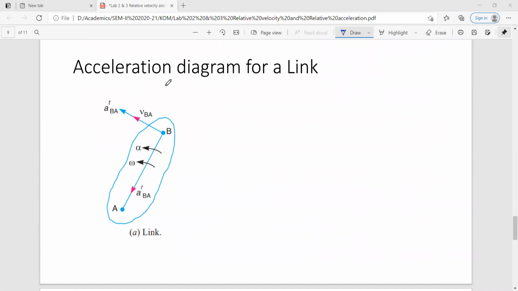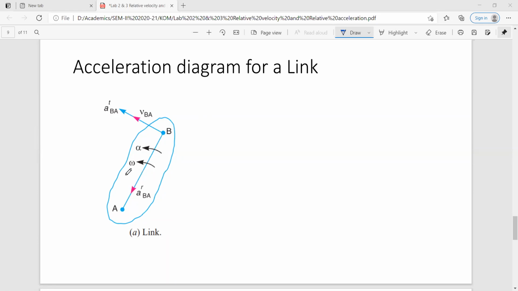Okay, now here let us draw the acceleration diagram for a link. This link is represented by 2 points on that. Point A and point B define the link, means it is a link AB.